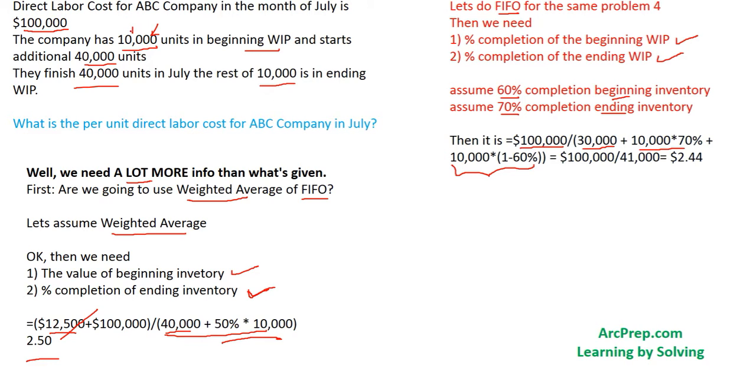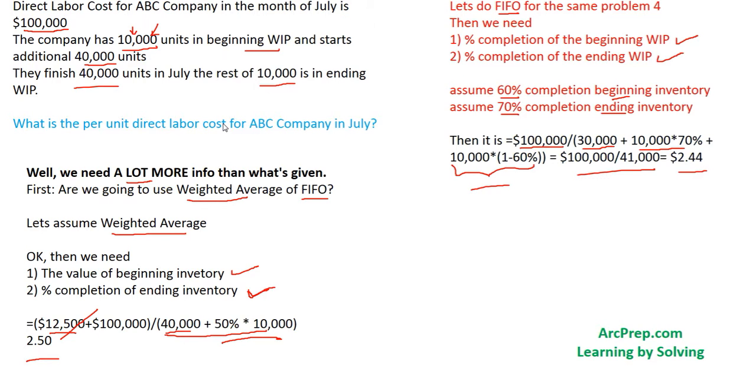This 10,000 is 60% complete. I need to add an additional 40% of 10,000, which is 4,000 equivalent units. Now I have 30,000 plus 7,000 plus 4,000, which is 41,000 equivalent units. That will end up as $2.44 per unit of direct labor cost.